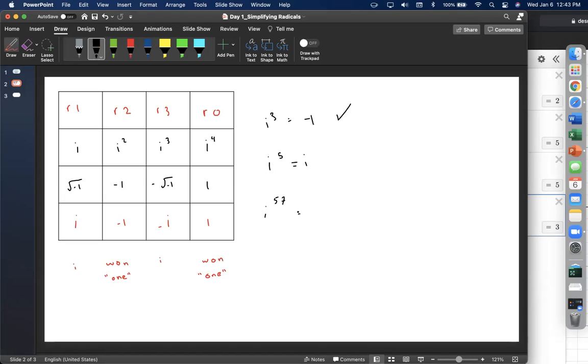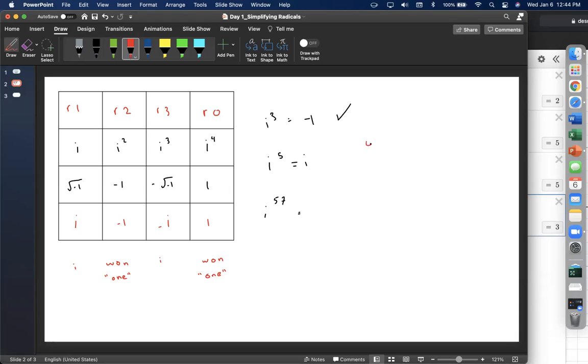And this is a really big number. I am not going to count 1, 2, 3, all the way up to 57. That is too much. So this is where our remainders come in handy.